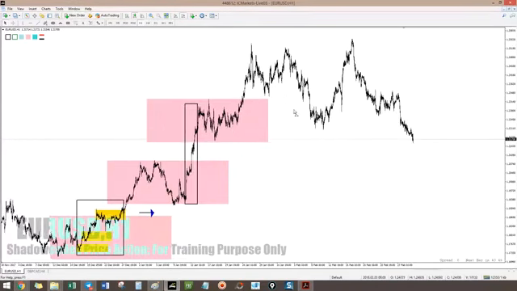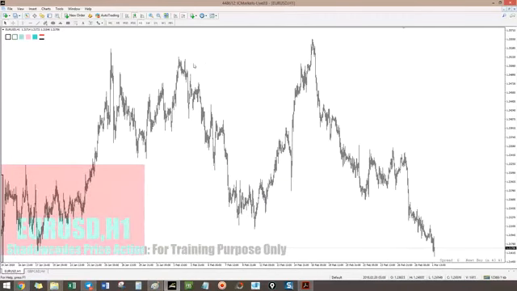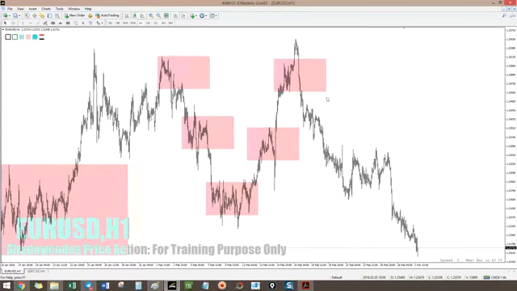For example, you have this one, this one and this one: three phases. And then from here you go like this and then like this.